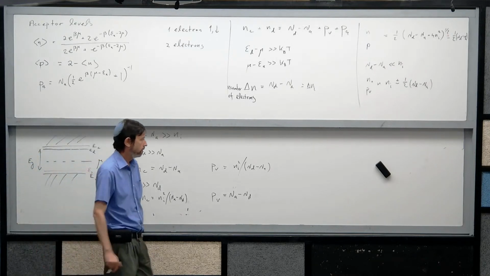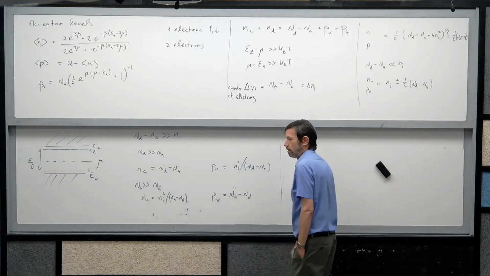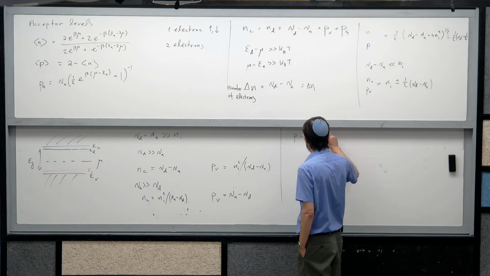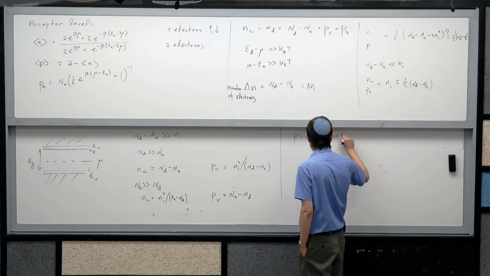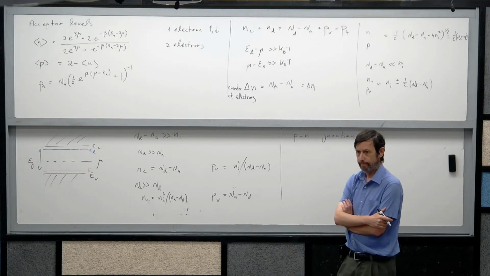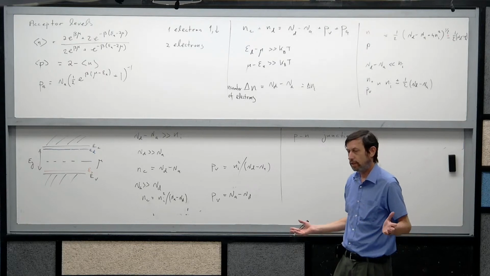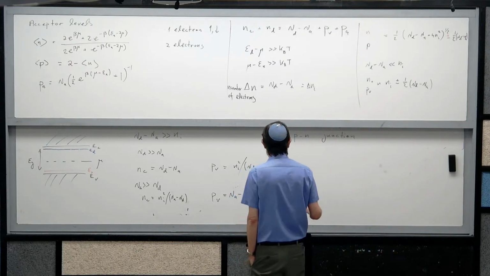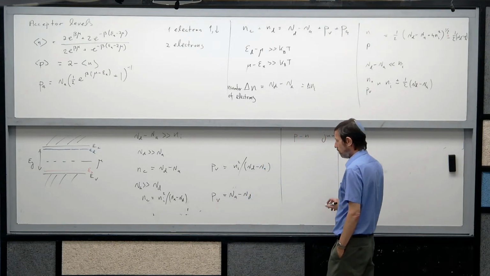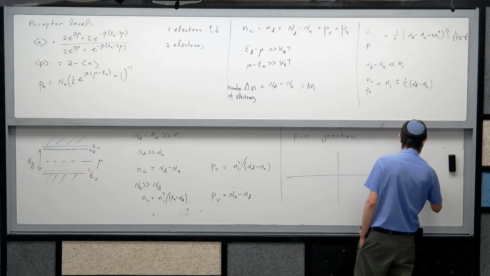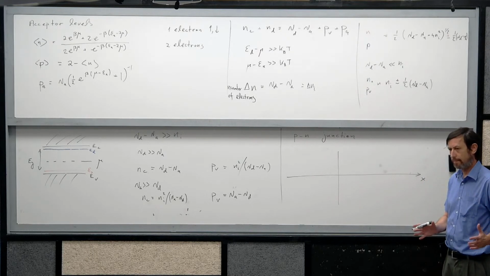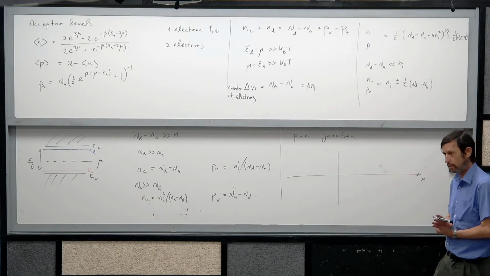Okay, now p-n junctions. What is a p-n junction? At the simplest level, it's a semiconductor that half of it is filled with acceptors and half of it is filled with donors.